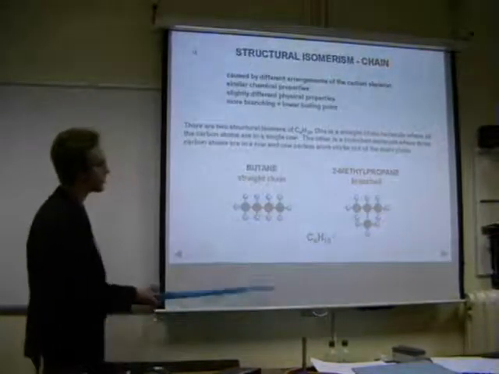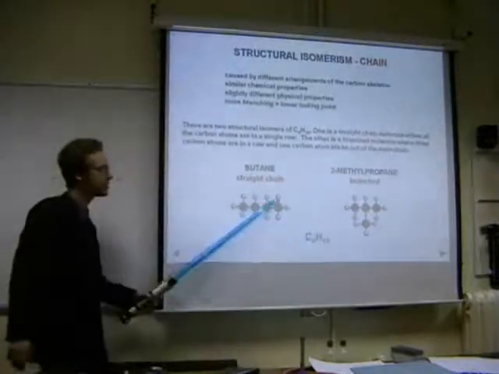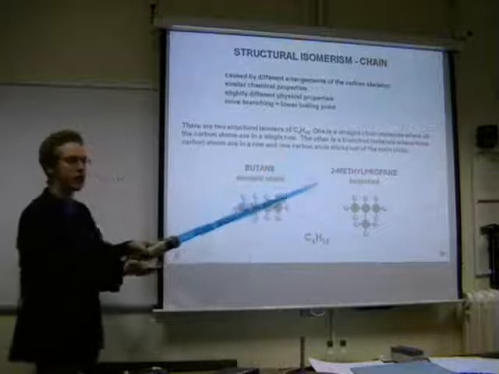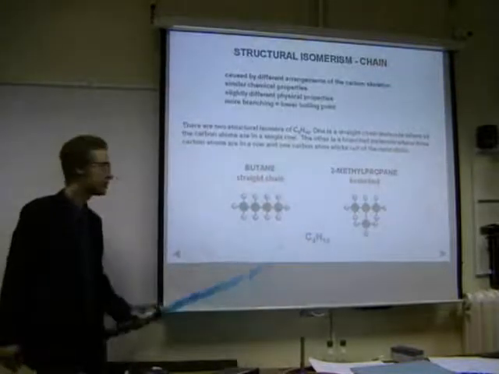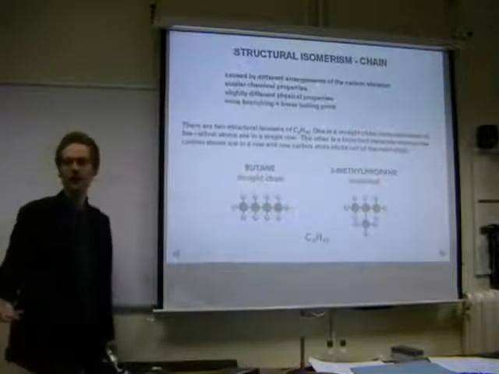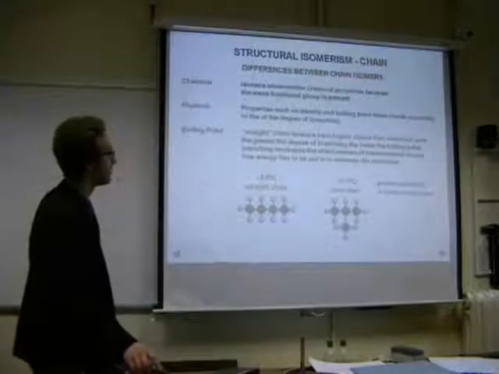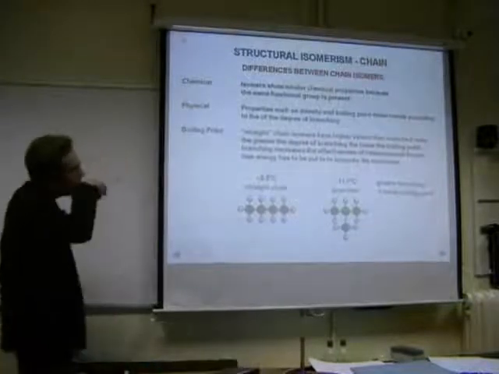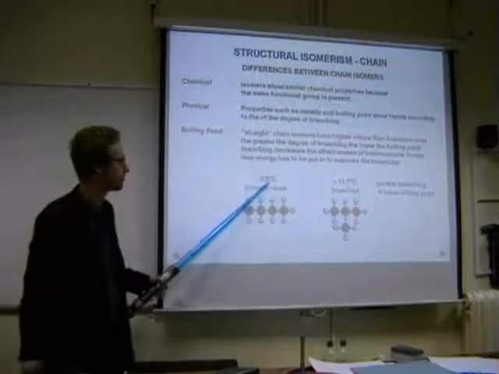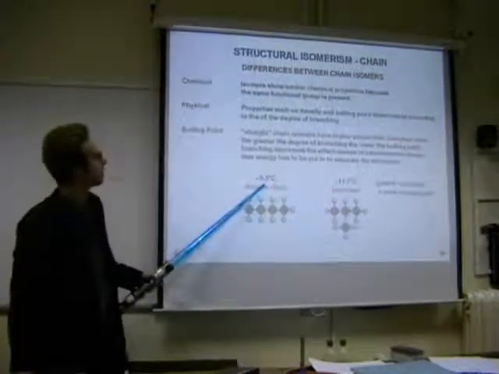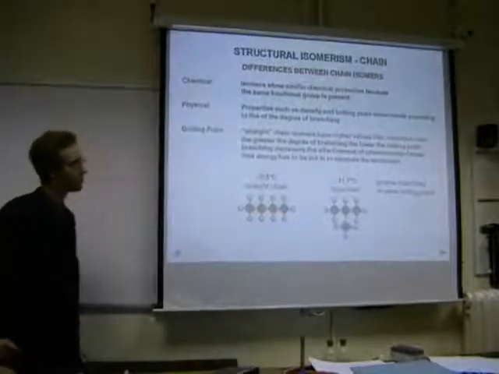So, to just look at this in a bit more detail, here is my straight chain, here is my branch chain. Does it make sense that the butane straight chains can line up a bit better than these sort of T-shaped molecules here? Yeah? The better they line up, the stronger the van der Waals forces. Not a big difference, so the difference is between minus 0.5 degrees C as a boiling point, and minus 11.7 degrees C as a boiling point.